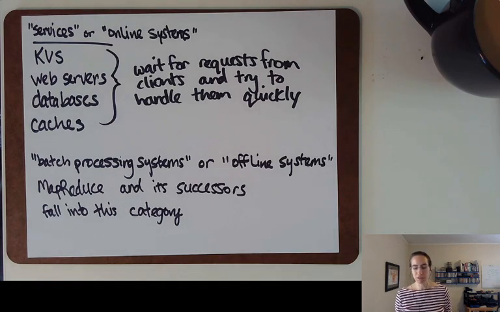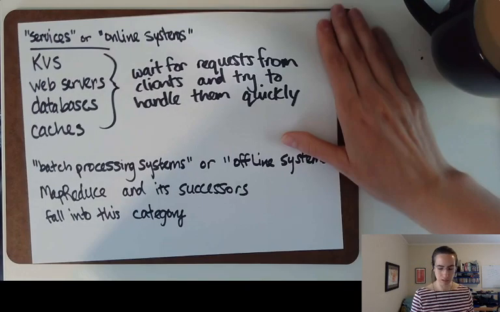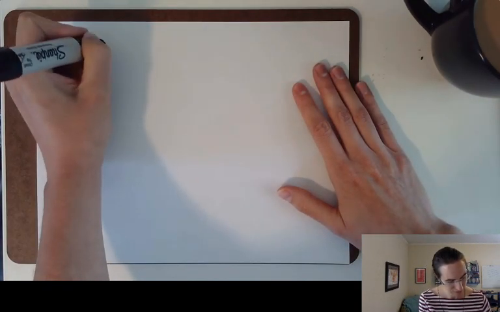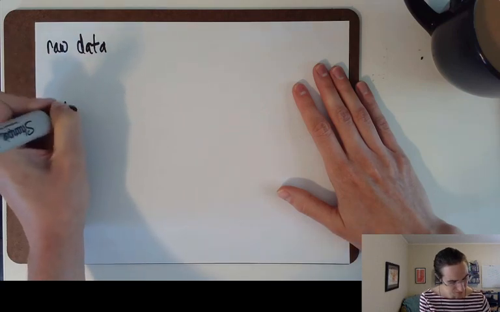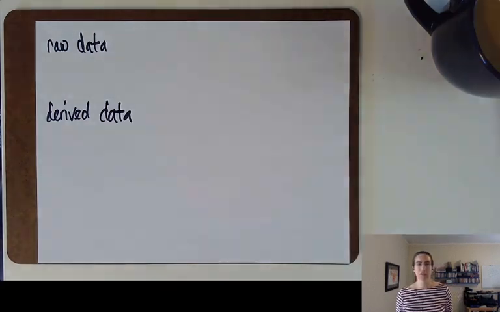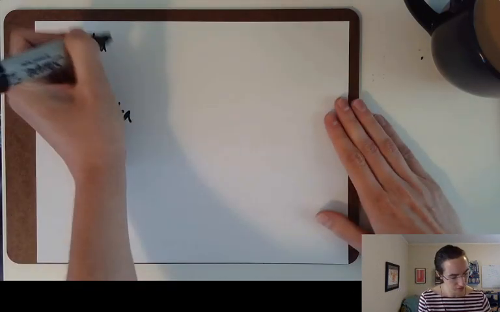So in the MapReduce paper, they have names for these different representations of data. And they call them raw data and derived data. So raw data is the authoritative version of the data. When new data comes in, it goes into some form of raw data storage.